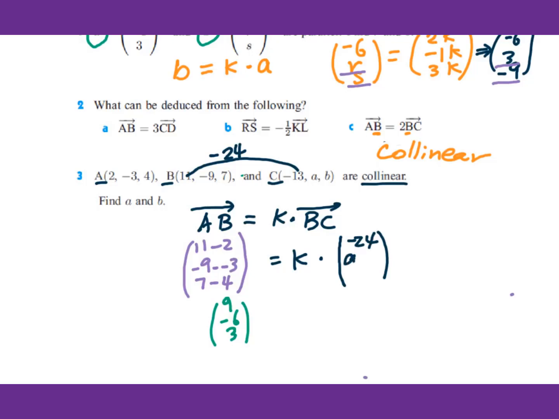Then it's A minus 9, that's plus 9. B minus 7.